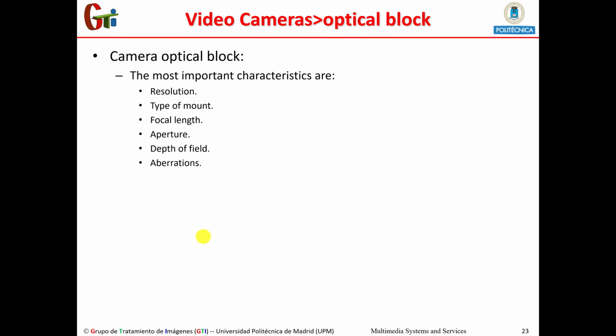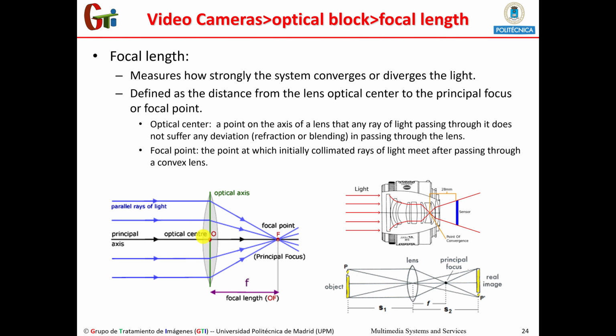Regarding the type of mount, it is simply that we have different mounts to connect the optical block to the camera. Well, let's start then from the focal length. The focal length measures how strongly this system, that optical block, can converge or diverge the light.